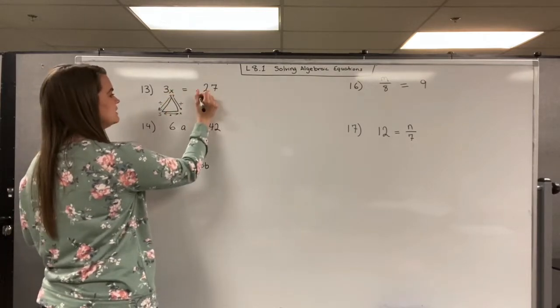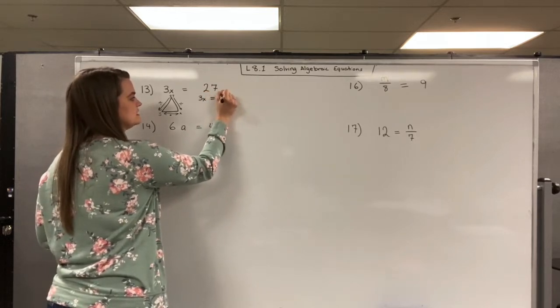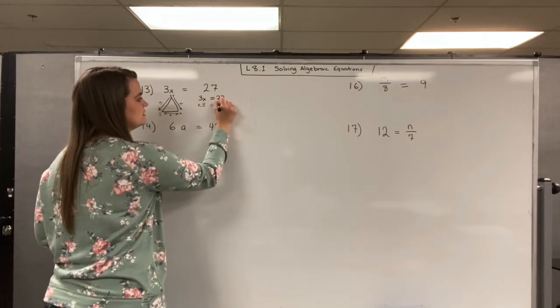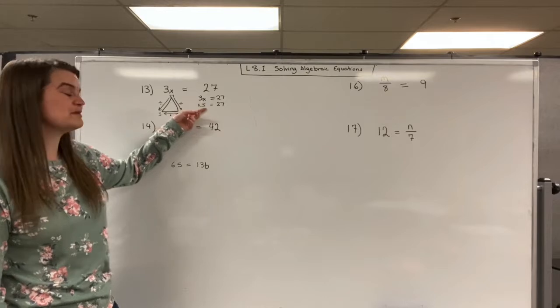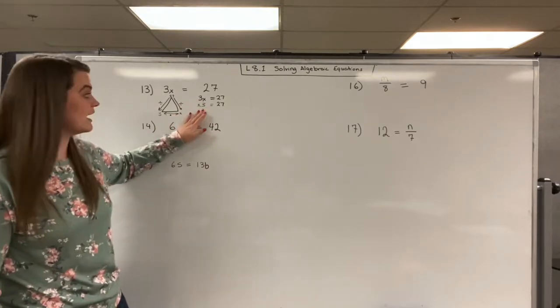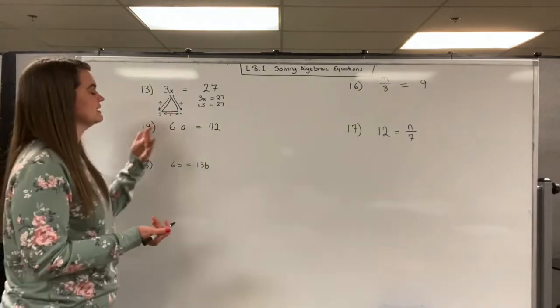So we can write our 4 fact families. We get 3x equals 27. We get x3 equals 27. Yes, this is a way to write the multiplication problem, it's not a proper way to leave a number. So make sure you never leave a number x3. It's always the coefficient first followed by the variable, 3x.